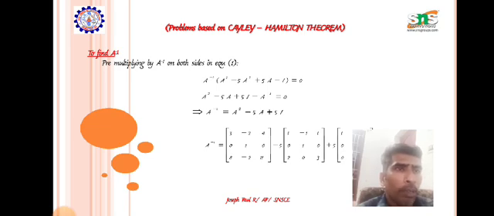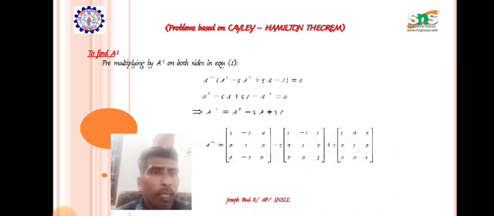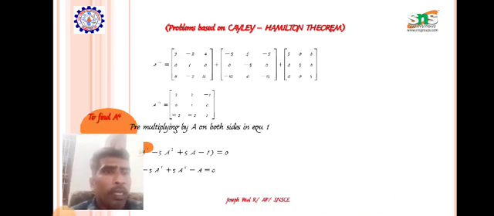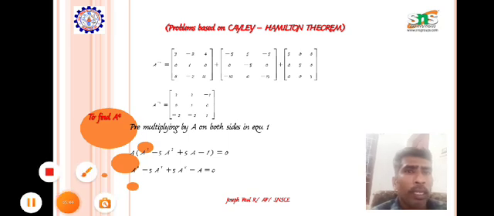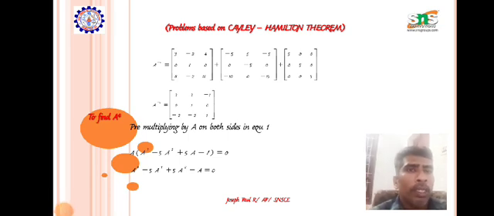Multiplying by minus on both sides, A inverse is equal to A square minus 5A plus 5I. We know A square, A and I, so we substitute them. So the value of A inverse is 3 3 minus 1, 0 1 0, minus 2 minus 2 1.